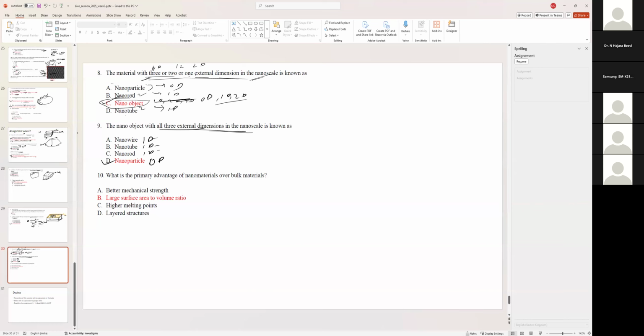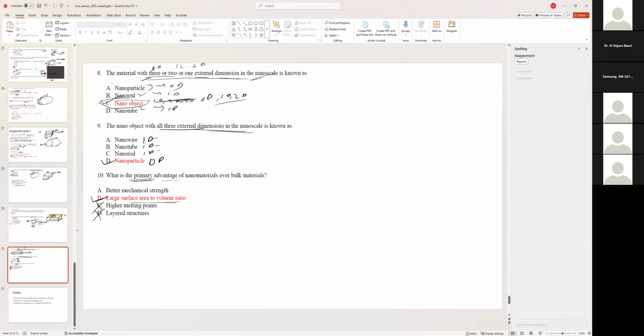Okay. What is the primary advantage of nanomaterials over bulk materials? Since they're mentioning primary, that's why they've chosen large surface area to volume. Actually, they have a lower melting point, so this is incorrect. Layer structure, they may or may not have.